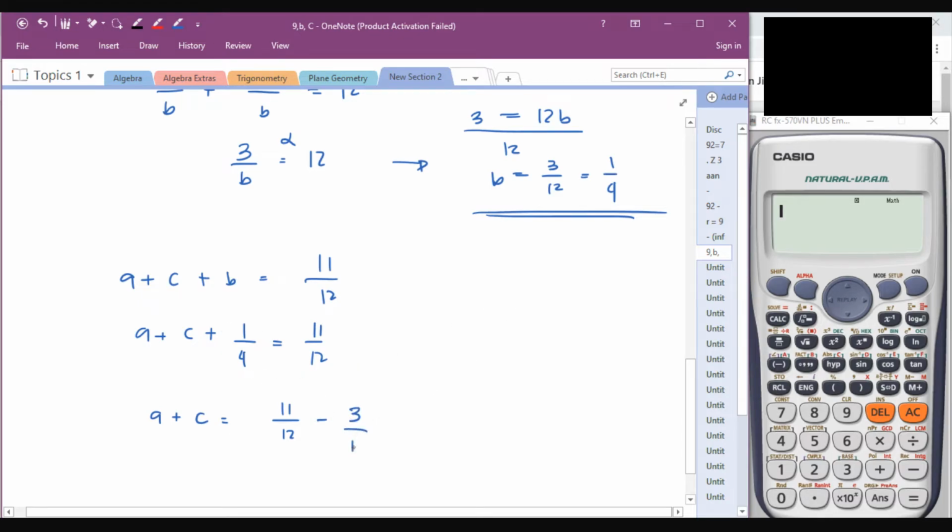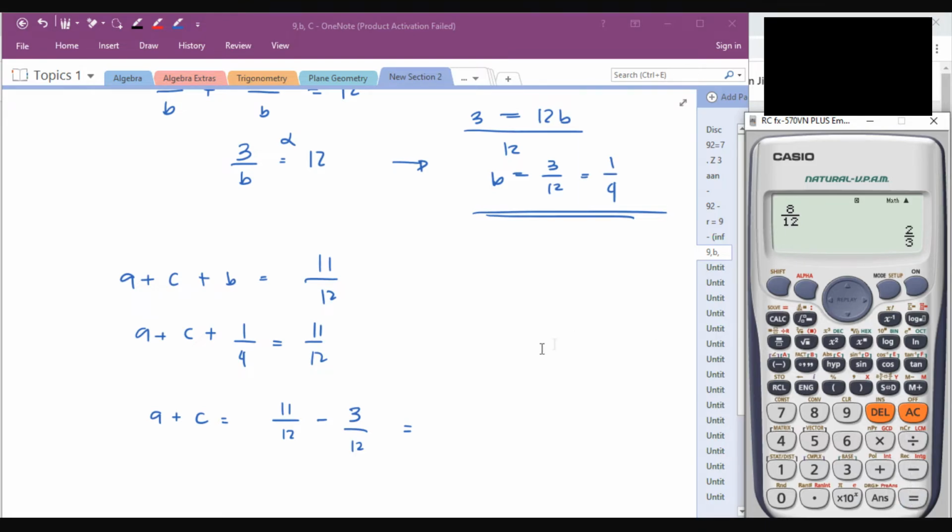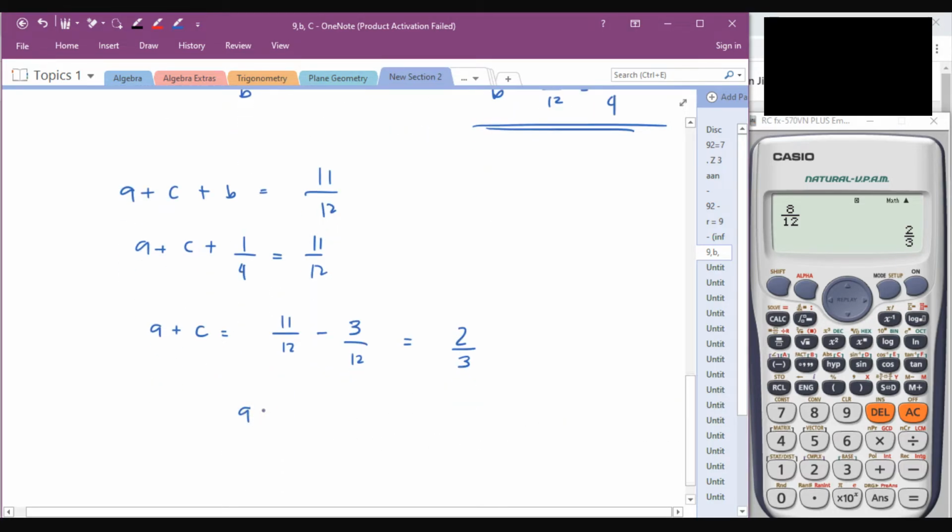What will be the value ng A plus C? A plus C is 11 minus 3, 8 over 12. Bali, 8 divided by 12. That is 2 over 3. Meron ka namang na-form ng bagong equation. So, A plus C equal to 2 over 3.